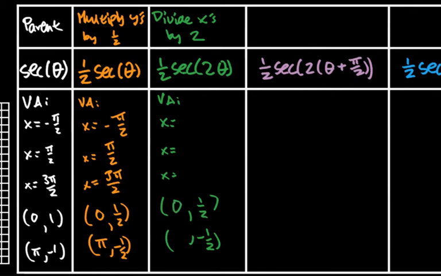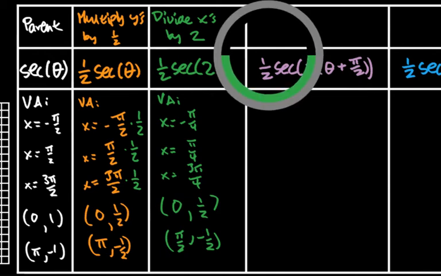Pi over 2 is pi over 2. And then remember, dividing by 2 is the same as multiplying by 1/2. So if you were to do that on all of them, then you would easily get negative pi over 4 and 3 pi over 4. All right, got that. Now let's move on to the next thing.